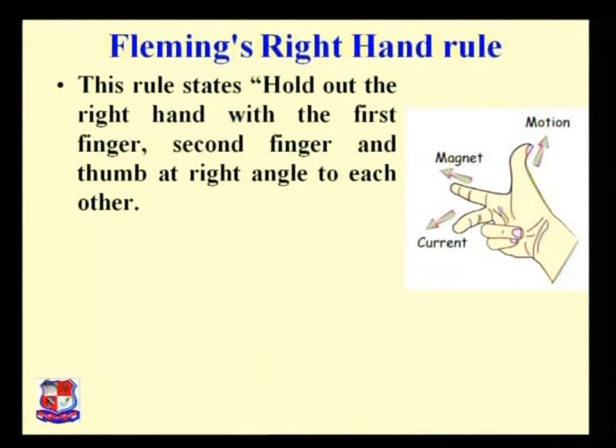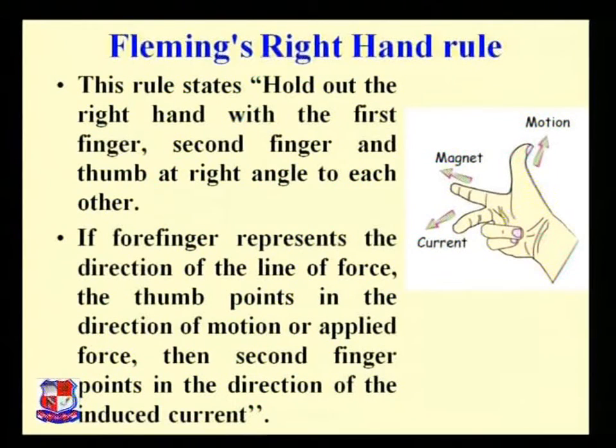This rule states that we hold out the right hand with the first finger, second finger and thumb at right angles to each other, as shown in the figure. The first finger always represents the direction of the line of force, that is, the magnetic field.